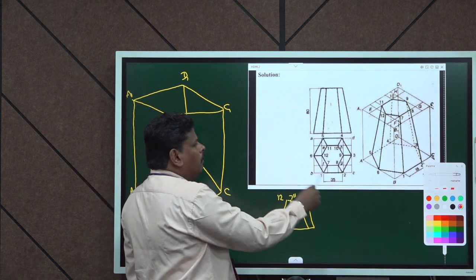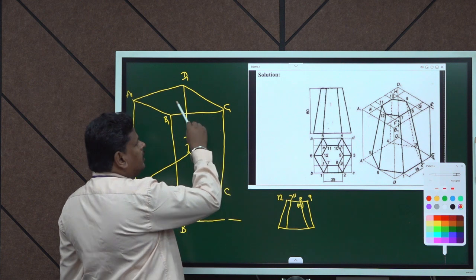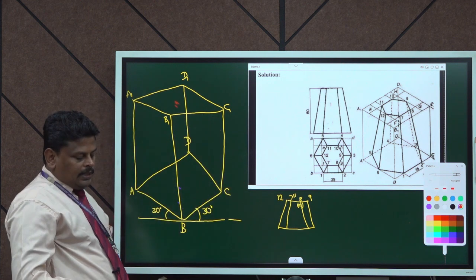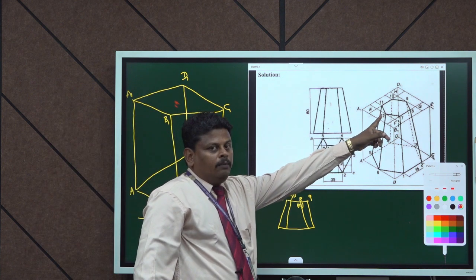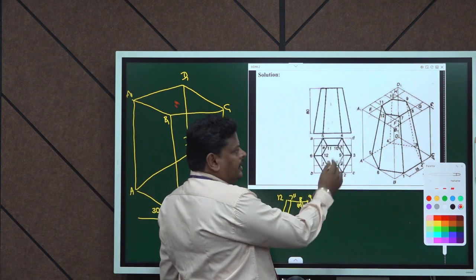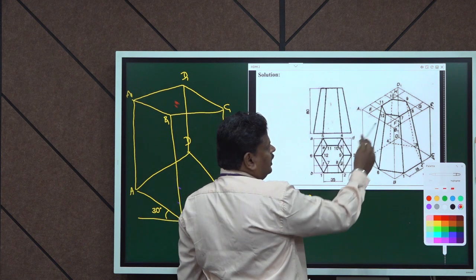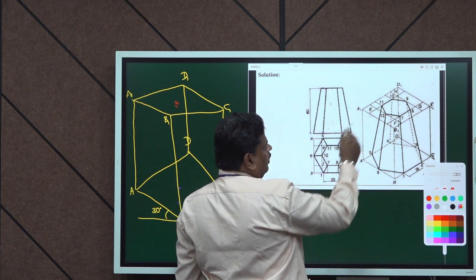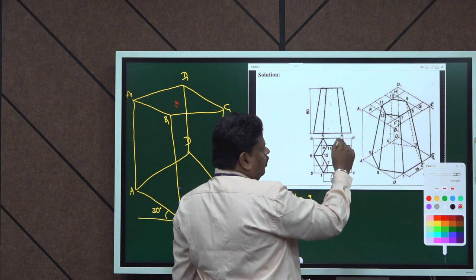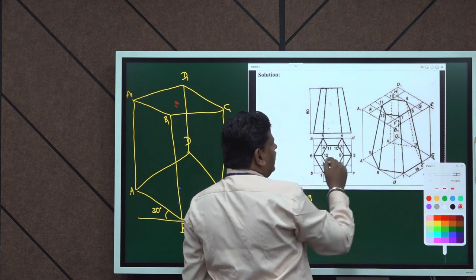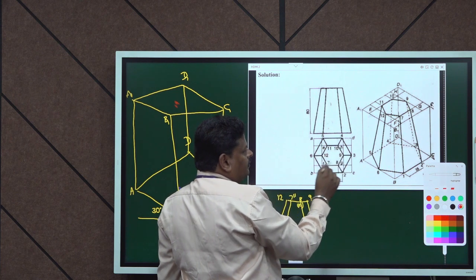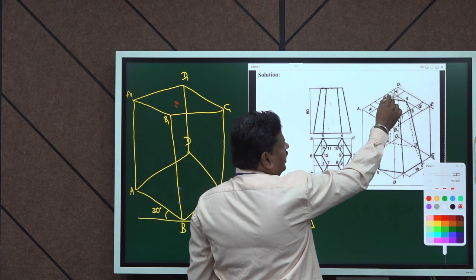Now this box is going to be transferred over here. We are going to transfer the box, with all these points, to the top of our isometric box. Here it has been done in that way. You can see that we have drawn all these horizontal and vertical lines. You can see small e, h, f, g, all being indicated over here.